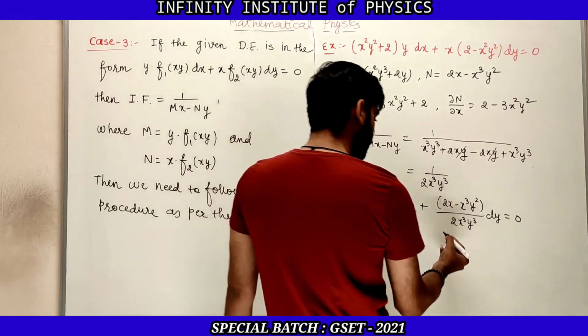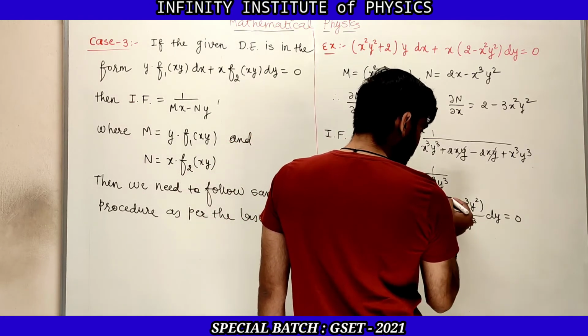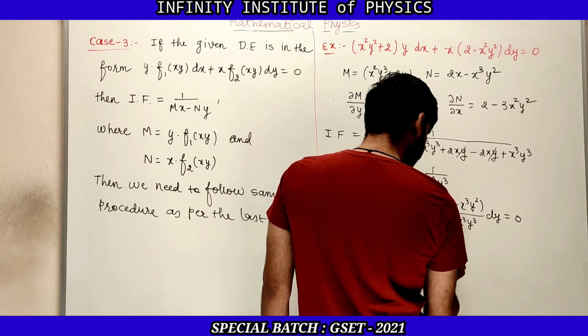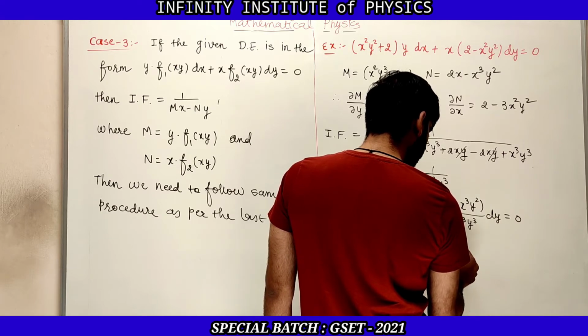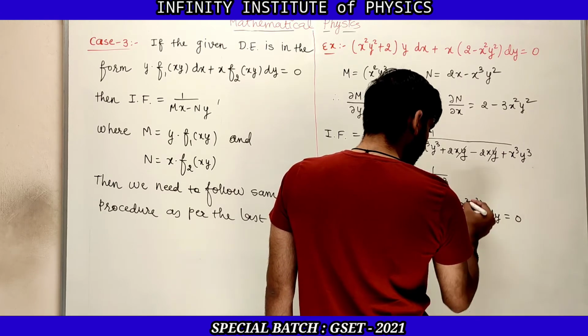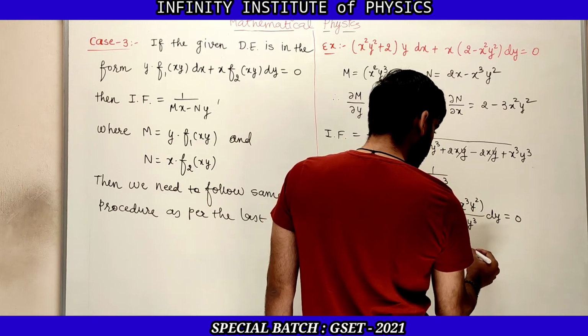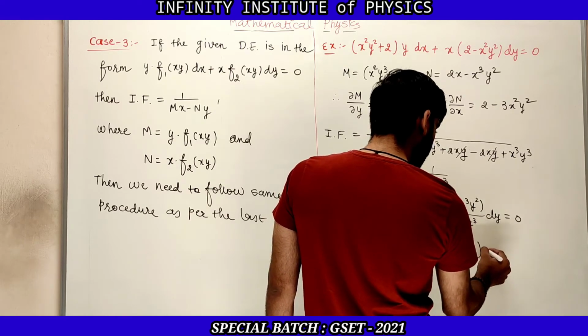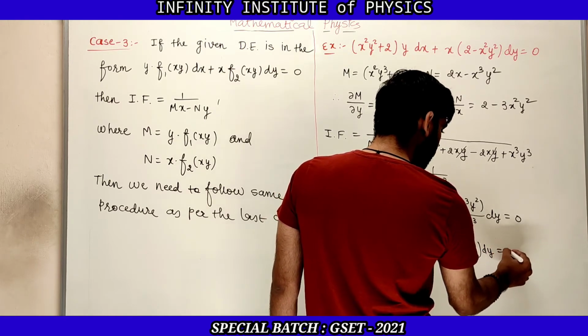Plus similarly in the second part, 2 will cancel out, x will cancel out, then it will be 1 upon x square y cube, minus x cube cancels out, so it is 1 by 2y dy, which is equal to 0.